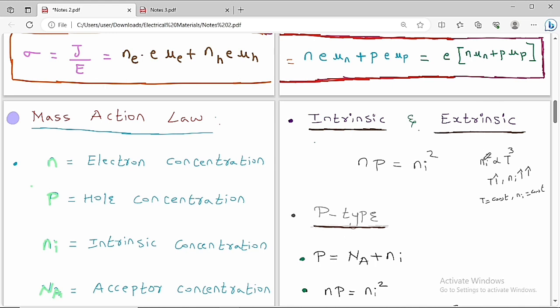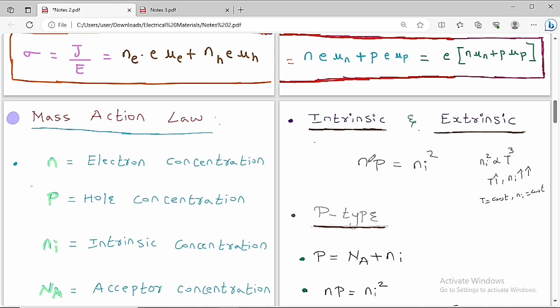Ni square is proportional to T cube. So as temperature increases, Ni increases, if temperature decreases, Ni decreases. But at constant temperature, Ni is constant. So therefore, at constant temperature, the product of the electron concentration and the hole concentration is always constant. It is valid for both the intrinsic semiconductor as well as the extrinsic semiconductor.